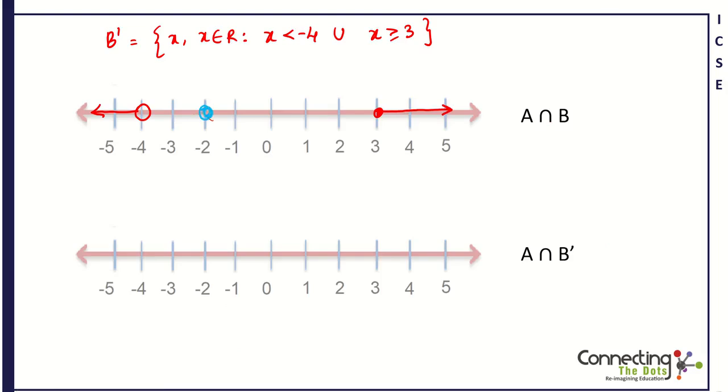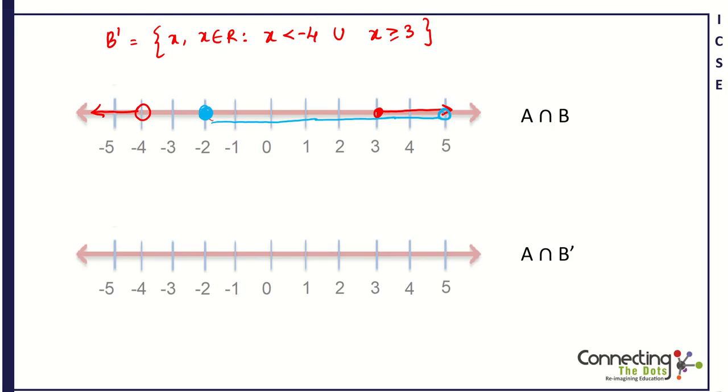So this is A. The blue color is A. So the red color on the number line matches B naught, and the blue color matches A.